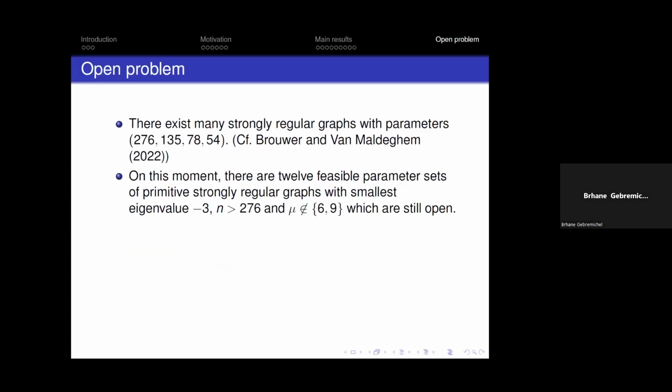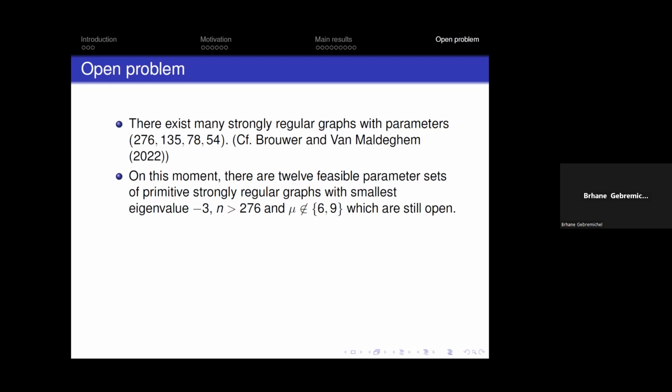Okay, I will give some open problems. There exist many strongly regular graphs with parameter n equal to 276. We can find this in this book. At this moment, there are 12 feasible parameter sets of primitive strongly regular graphs with smallest eigenvalue -3 and n greater than 276, and μ different from 6 and 9, which are still open.